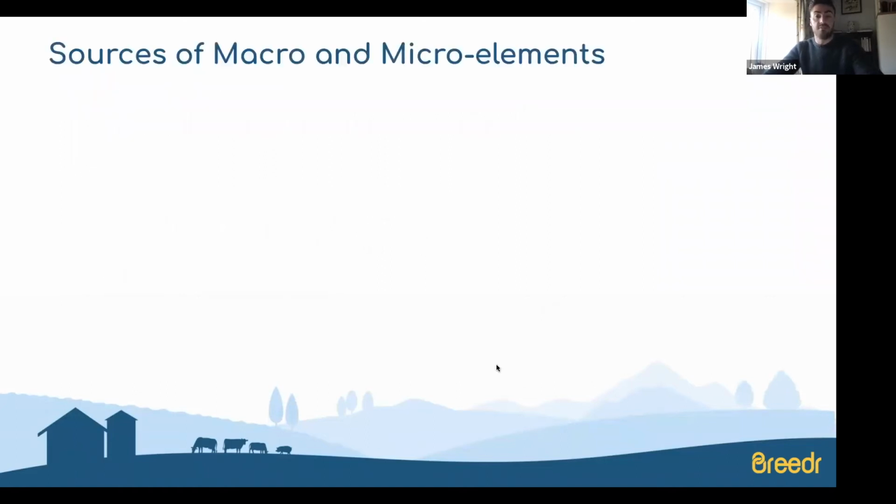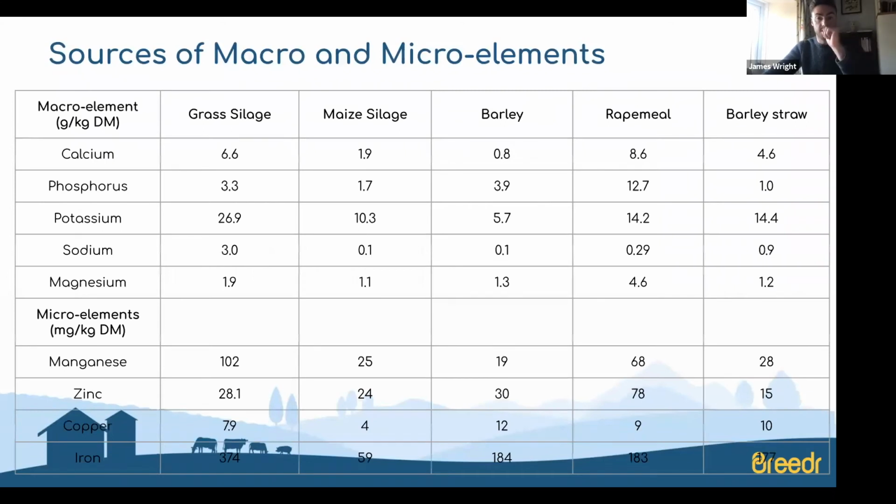Sources then, so where do we find macro and microelements? This is just a table, a list of some really common feeds that we tend to find in our diets. And just to highlight a couple of the key ones, maize silage and barley is very low in calcium.